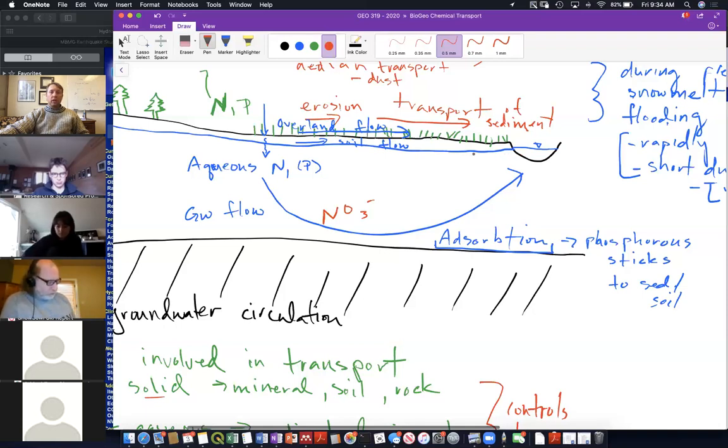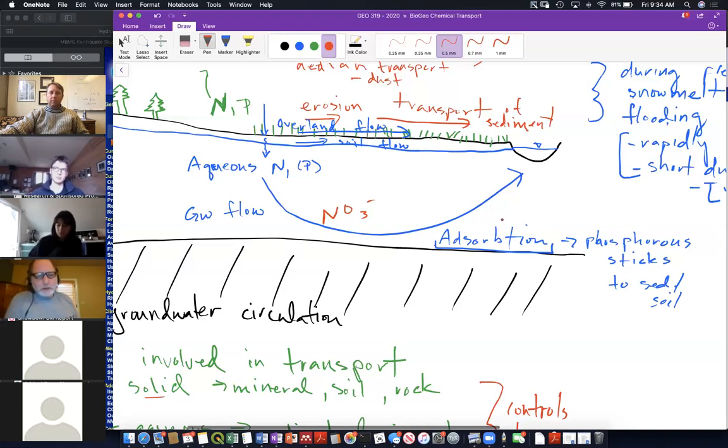I have a friend of mine at University of Nebraska, and that's really his research focus: how long will this nitrate contamination continue to occur, and how could we predict how long we can expect eutrophication from groundwater contamination by agriculture?